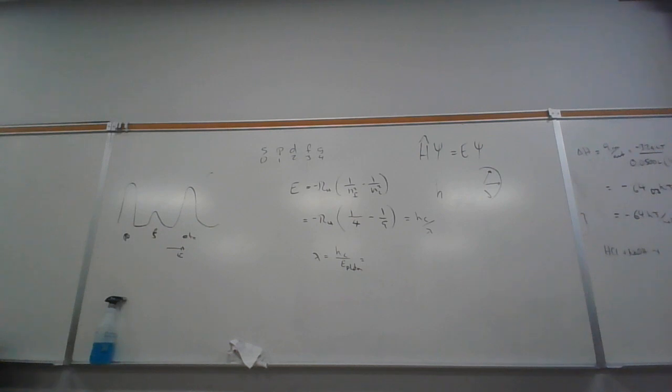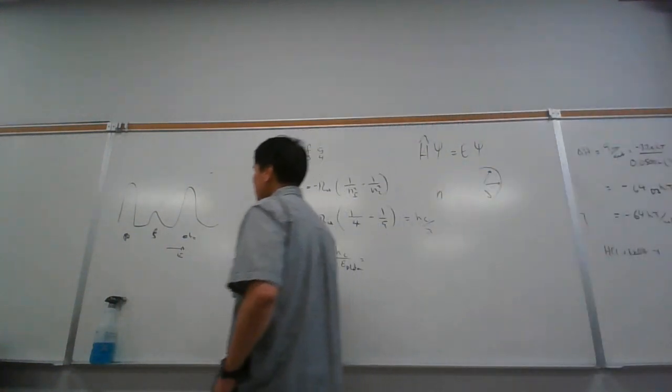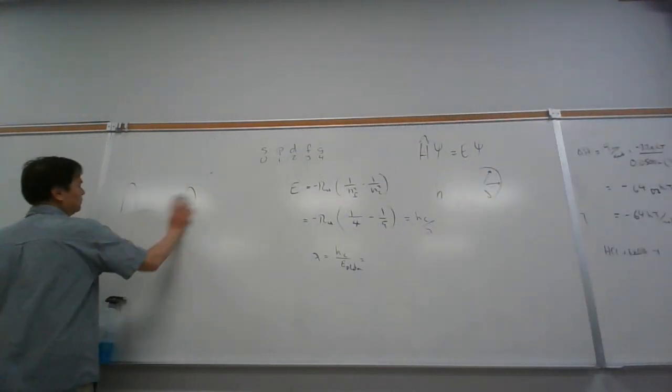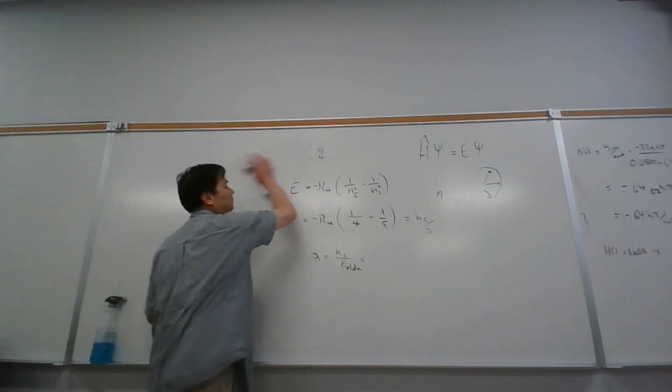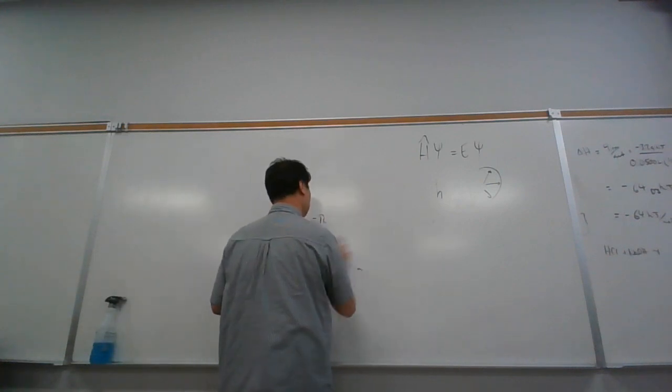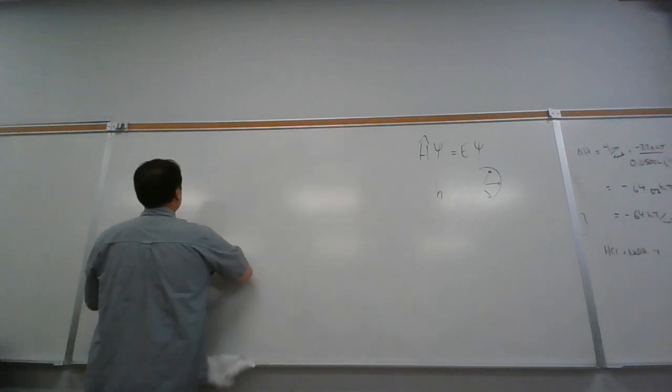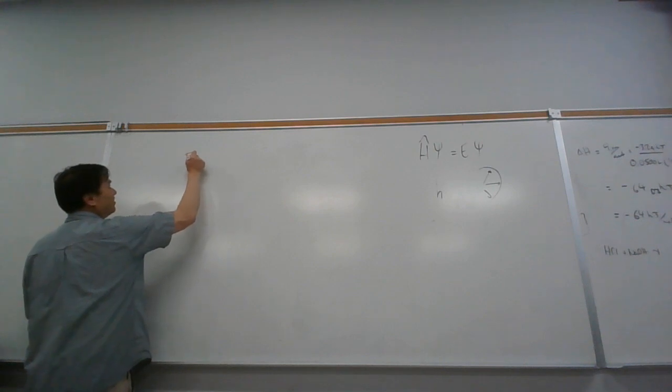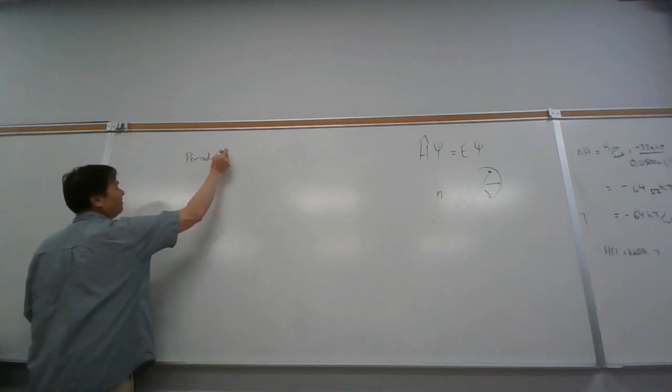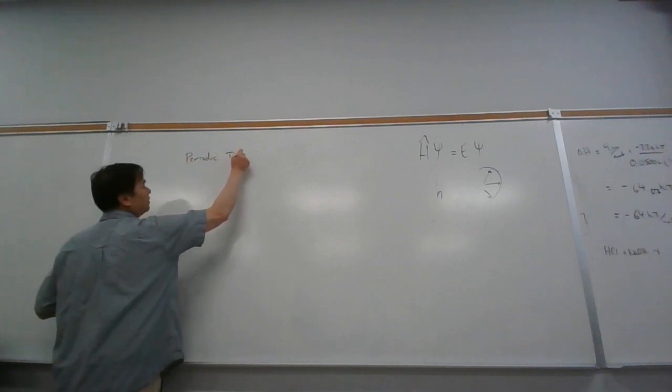All right, so what we're going to do is we're going to look at some of these trends. And so let's take a look at periodic trends in chapter 9. Probably one of the most important ones is size.